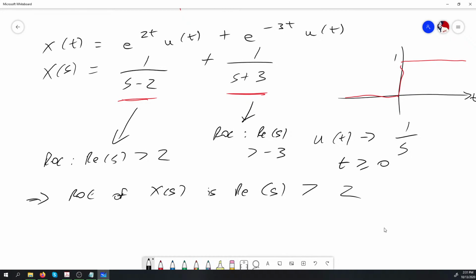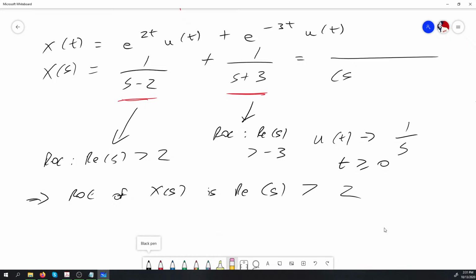So let me erase this unit step illustration because I'm going to have to expand on the equation to show you guys the pole zero plot. Our denominator will become s minus 2 times s plus 3.